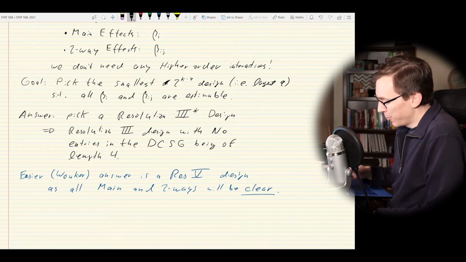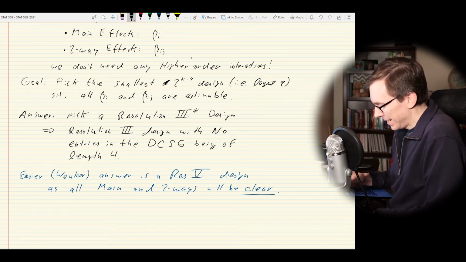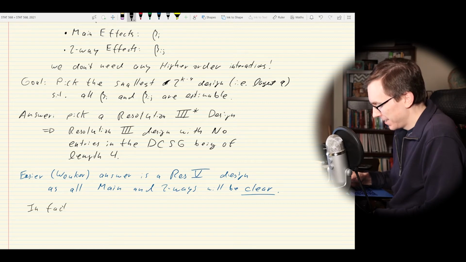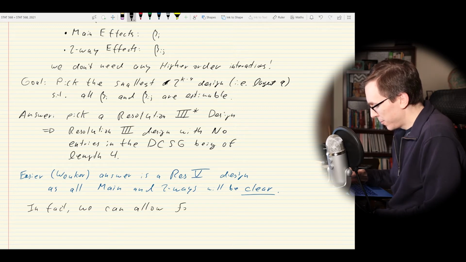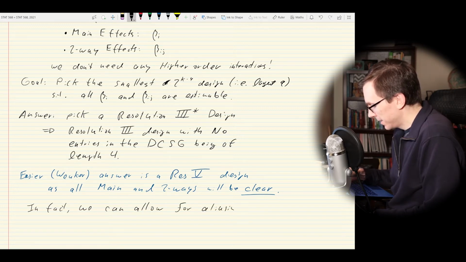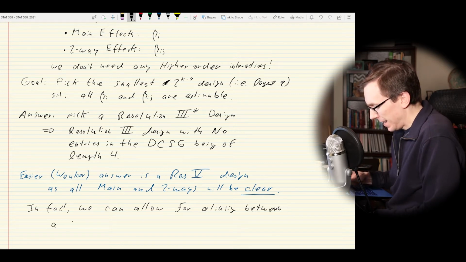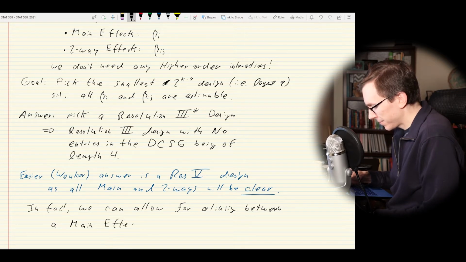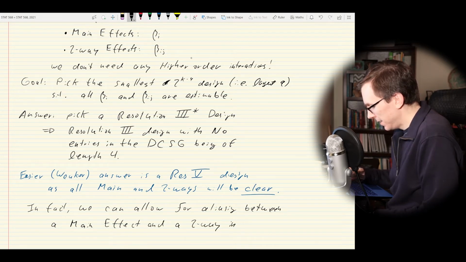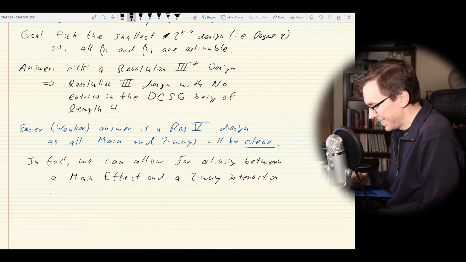In fact, we can allow for aliasing between a main effect and a two-way interaction, because of the axial points.